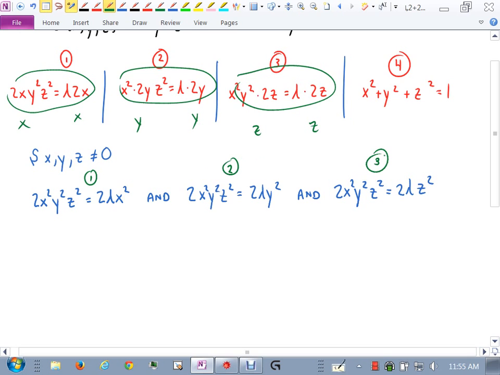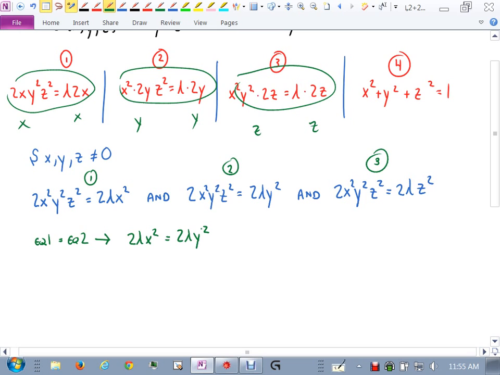And they're all the same now, right? Like this left side's the same as that left side and that left side. Now what makes that good is I can set them all equal to each other now, right? So if I set equation 1 equal to equation 2, it gives me that 2 lambda x squared must equal 2 lambda y squared.